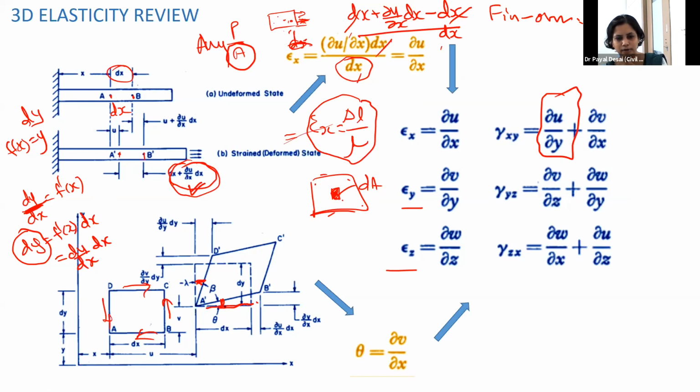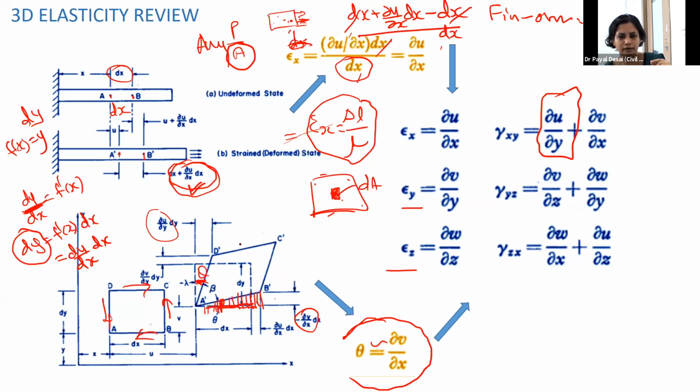Here u is increasing, but with respect to y, vertically. Sorry, so this theta is equal to del v by del x. You take the smaller angle, tan theta, and you may see here del v by del x into dx divided by this length dx, and you basically get del v by del x. And similarly here you will get del u by del y.